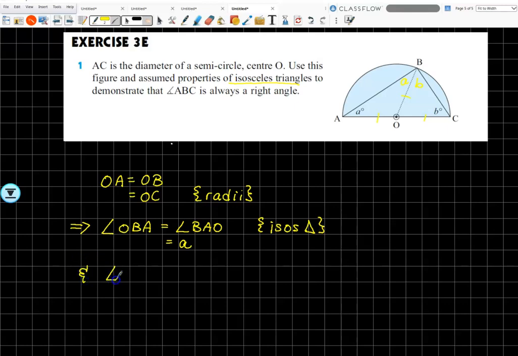And angle OBC equals angle OCB, which is B. Why? Isosceles triangle.